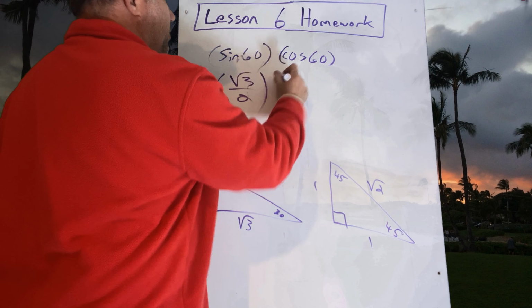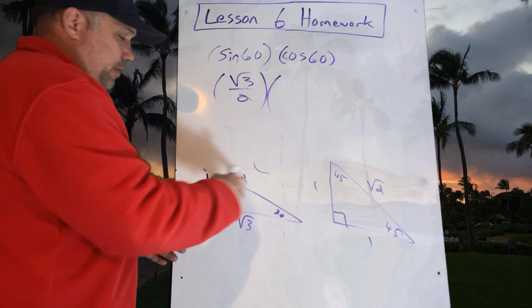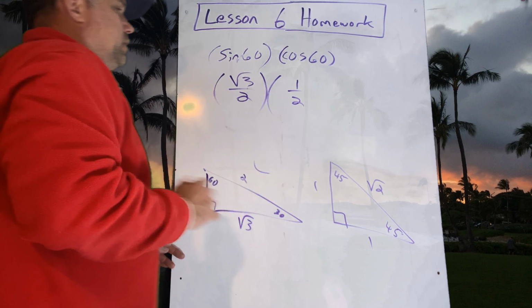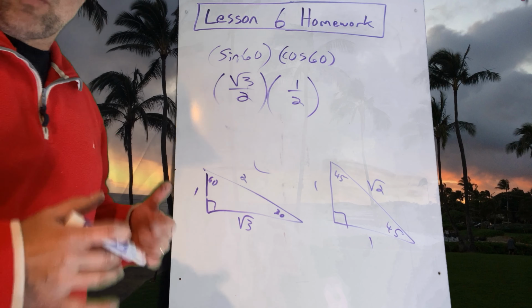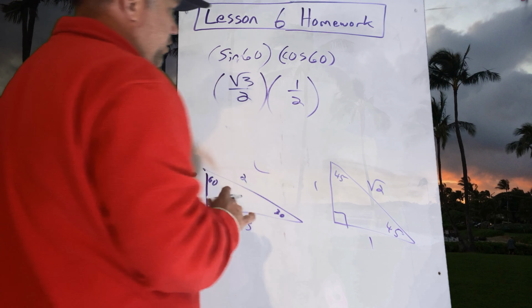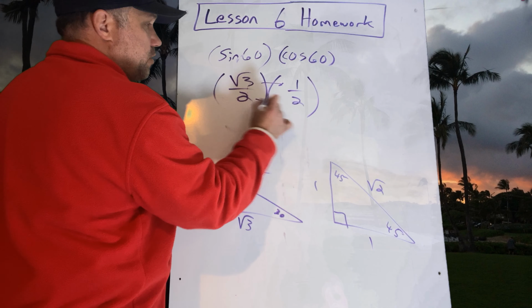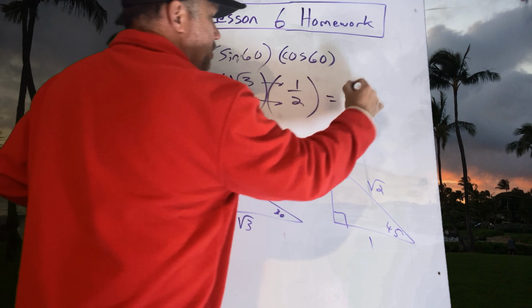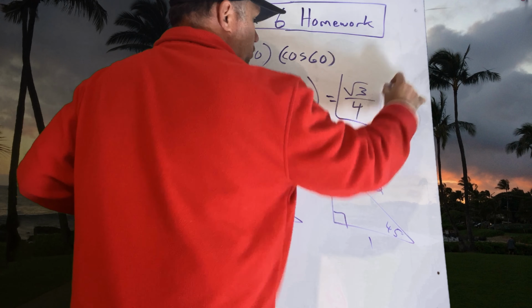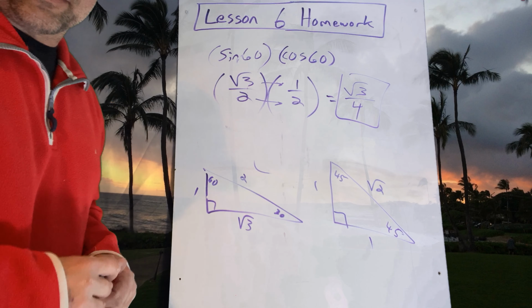The cosine of 60, adjacent over hypotenuse, that's 1 over 2. All right, so again, how do I multiply fractions? I multiply across. There's nothing that reduces here, so I just go ahead and multiply across here, and radical 3 times 1 is radical 3, and 2 times 2 is 4. So radical 3 over 4 would be your answer to that one.